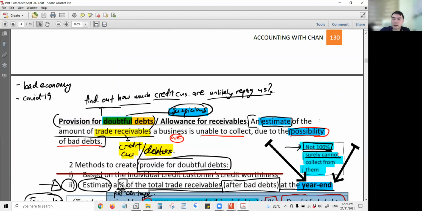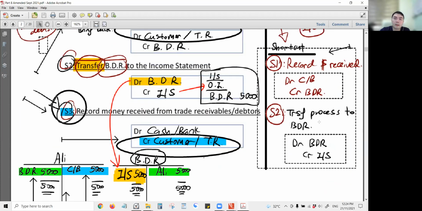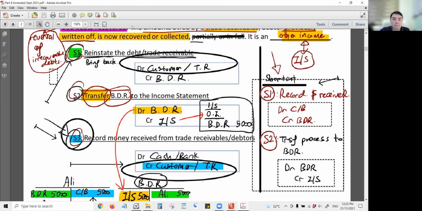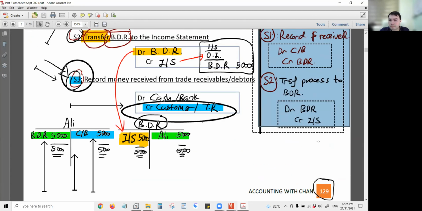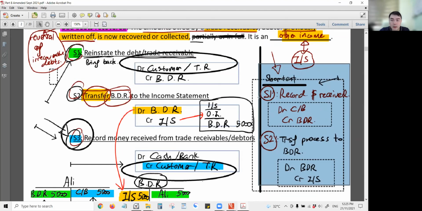It's a bit complex. There are 3 steps involved. Okay, here. Can you copy this down? This is the shortcut. Recently, I discovered this shortcut, which is easier. Yeah, all of you, you may bring out your notes, page 129. Okay, these are the shortcut steps for recording bad debt recovered.